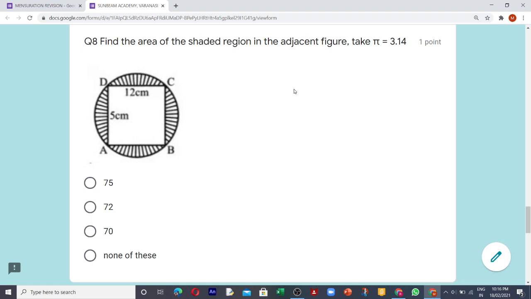If you are able to see that two figures are there and you have to find the area of shaded portion, children. So for circle, radius is not given. Let's see the given things and try to find the radius also. Then only you are able to find the area of shaded region.